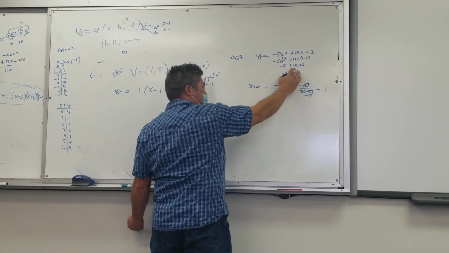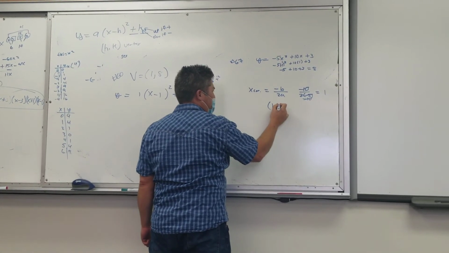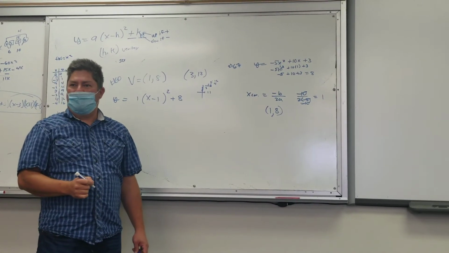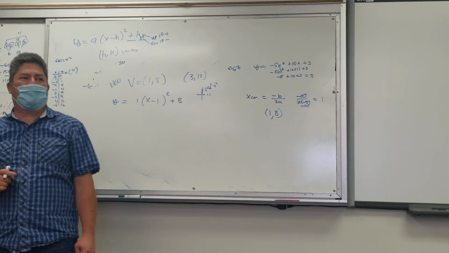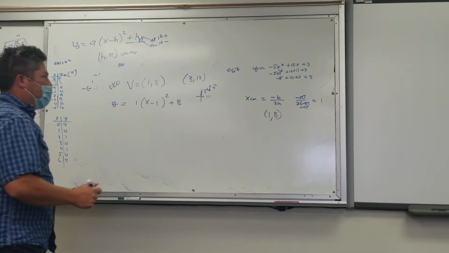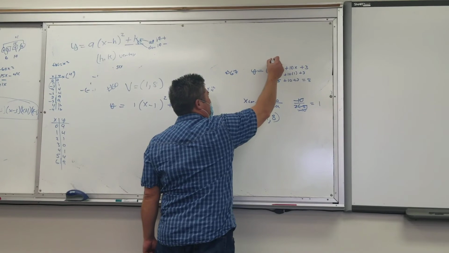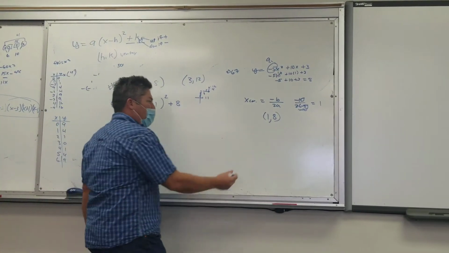Negative 5 plus 10 is 5. 5 plus 3 is 8. So what is my vertex? 1, 8. Everybody agree with that? Okay. What is the leading coefficient? Negative 5. That's also the a value. That is always the a value.